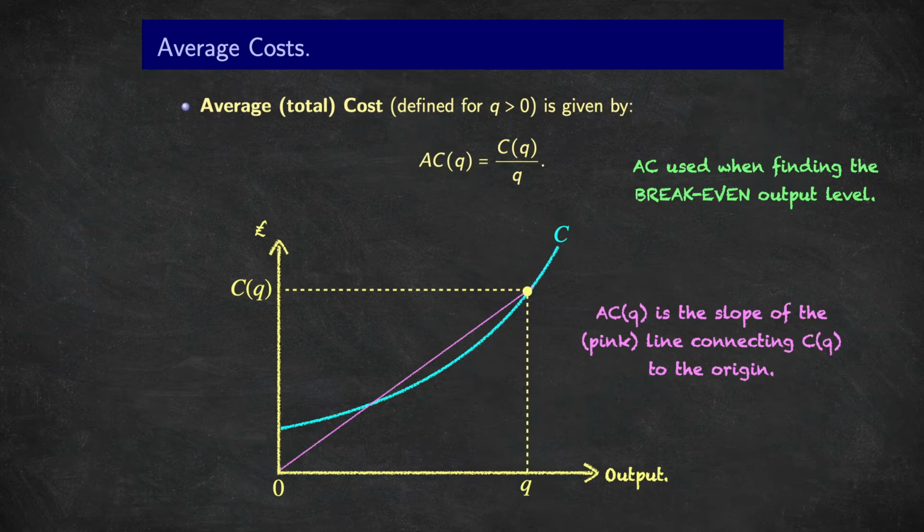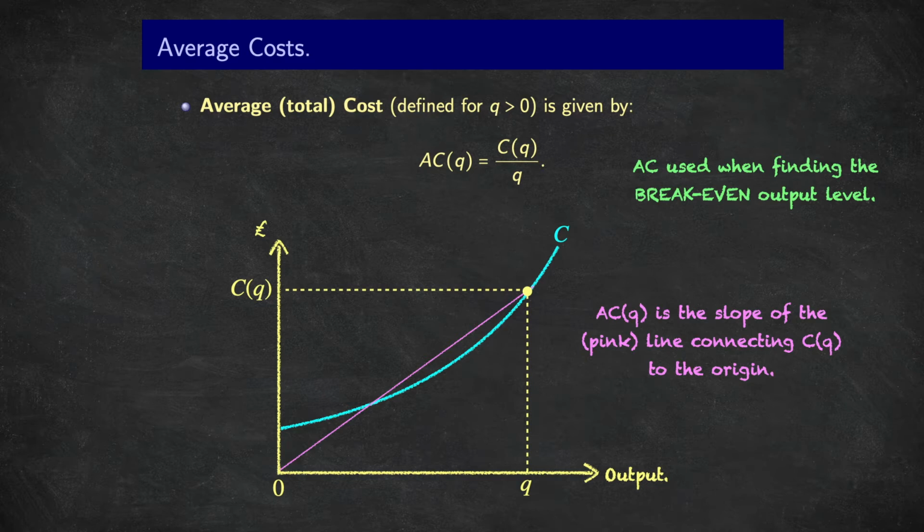And if I want to calculate the average cost of any particular level of output, here I've chosen a level of output Q, I connect a pink line from C(Q) back to the origin, and the slope of that line, which is the height C(Q) divided by the width, which is Q, tells me the average cost. So the slope of that pink line tells us the average cost.